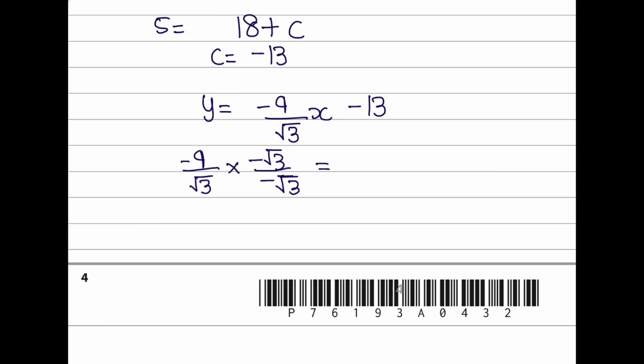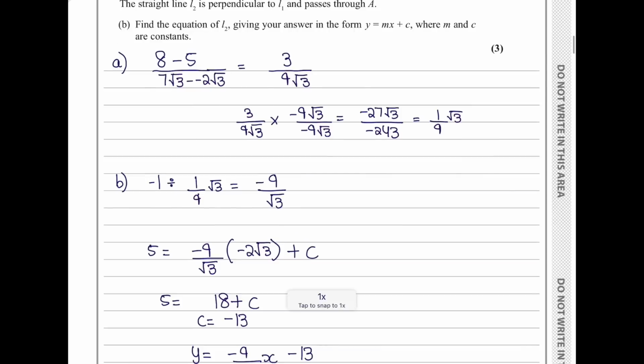And what will that lead to? It will be 9 root 3 over negative 3, which is basically negative 3 root 3. So I can say y is equivalent of negative 3 root 3 x minus 13. I hope this part is clear.